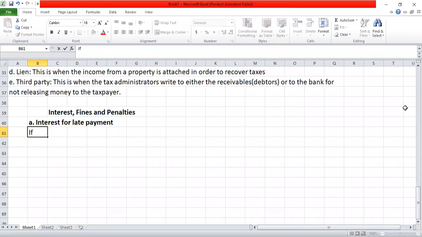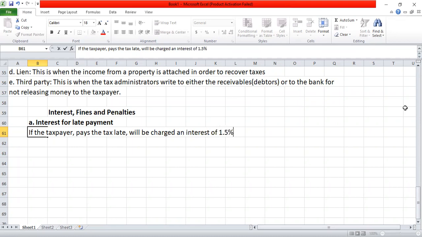So if the taxpayer pays the tax late, he will be charged an interest of 1.5% on the tax per month, non-compounding.